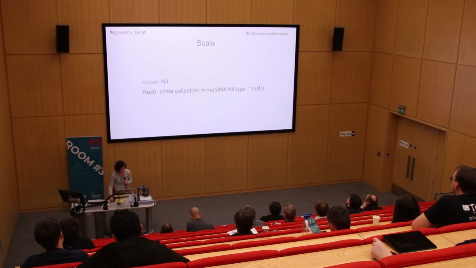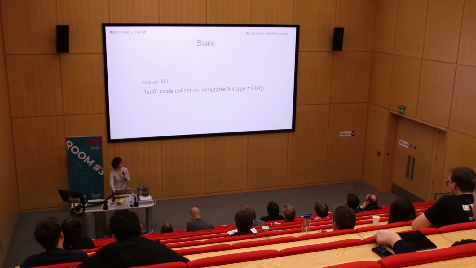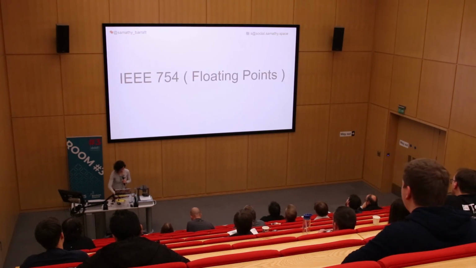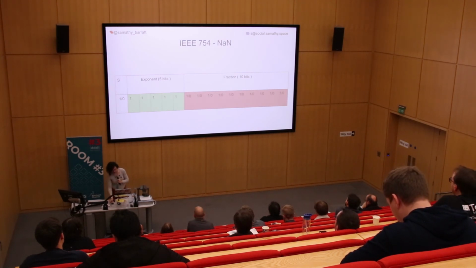Okay, I'm almost done, don't worry. Scala also has a Nil literal, which is just the empty list, i.e. a list of Nothings. And I'm going to skip quickly through to floating points.